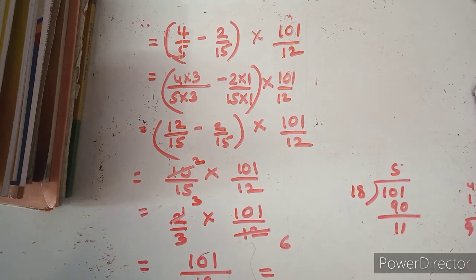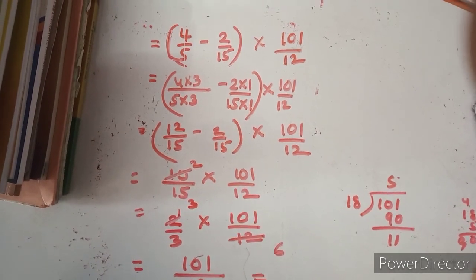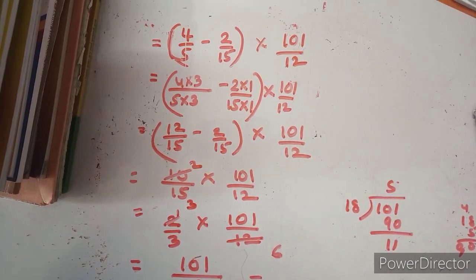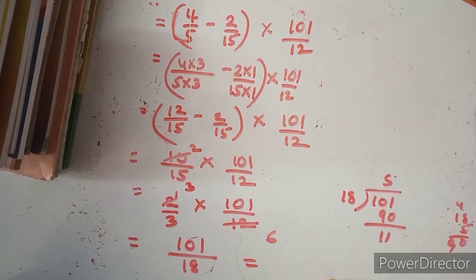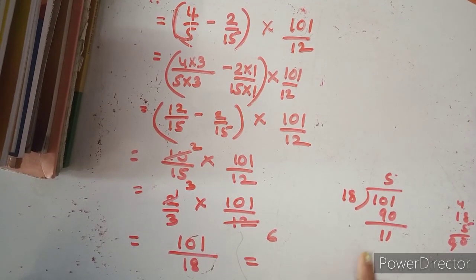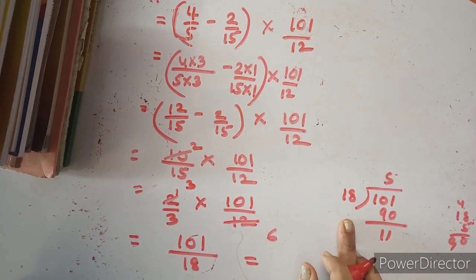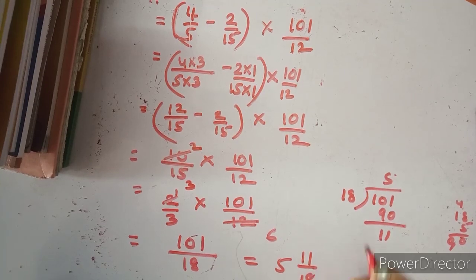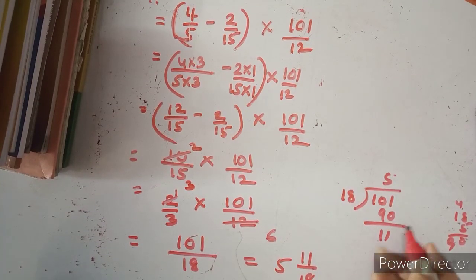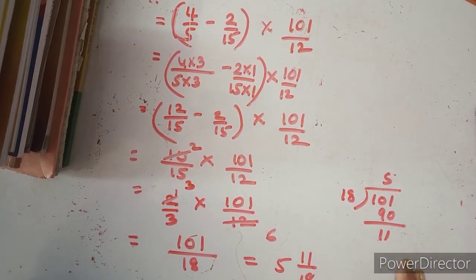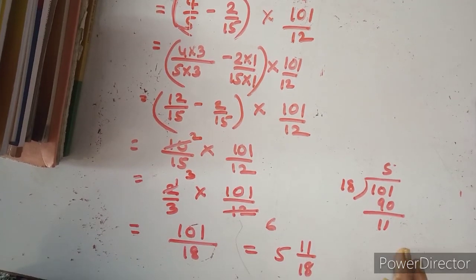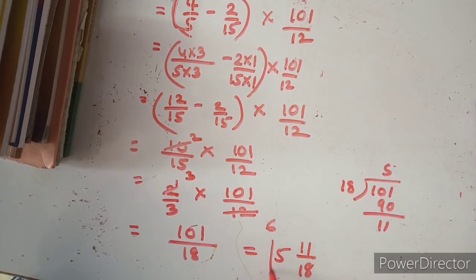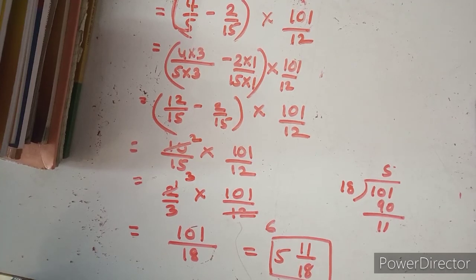So you got the number as 101 by 18. You can see 101 by 18, and now you can convert this into the mixed fraction, that is 5 11 by 18. You can see the division I did here. So this gives you 5 11 by 18 as your answer.